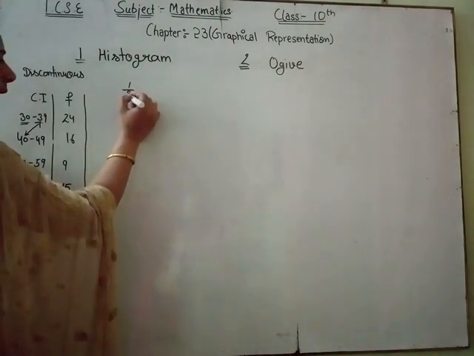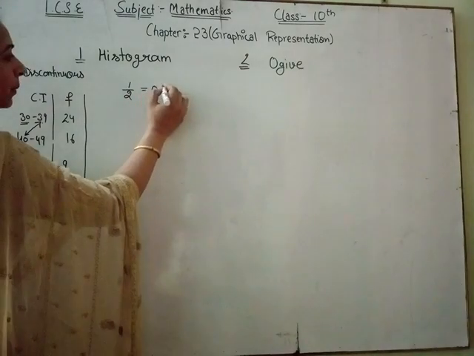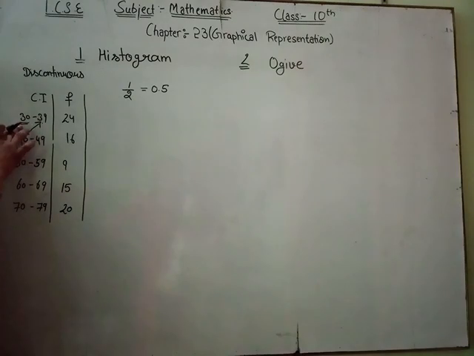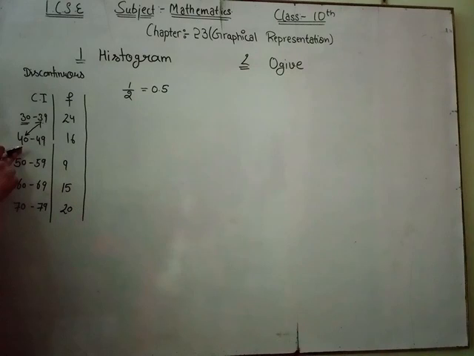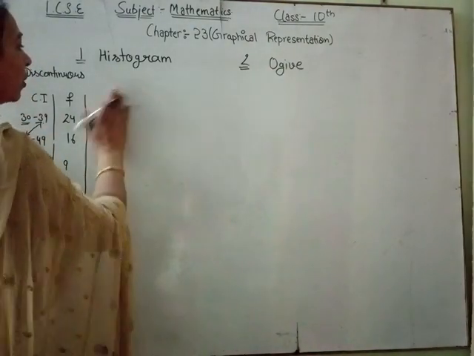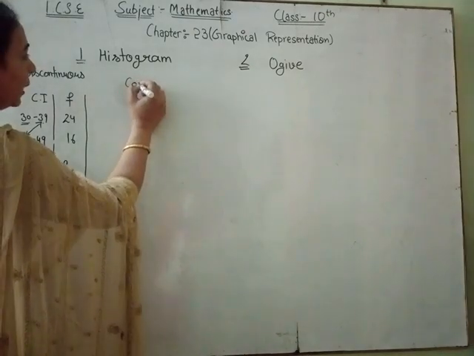Then we divide it by 2, so 1 by 2 equals 0.5. Subtract 0.5 from each lower limit and add 0.5 to each upper limit. Same as that, 0.5 is subtracted from 40 and added to 49. Then we make this discontinuous into continuous.